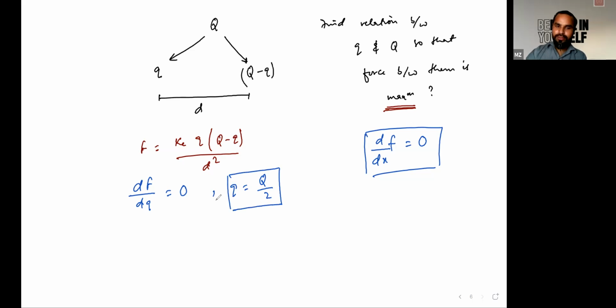So instead of doing the whole mathematics, just remember this result. If they ask what the relation between these two charges is so that the force between them is maximum, you must say the charge must be divided symmetrically. Okay, just write this result.